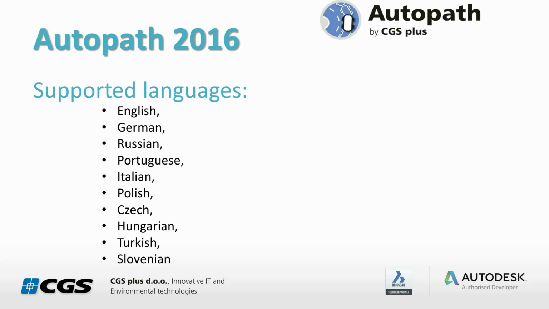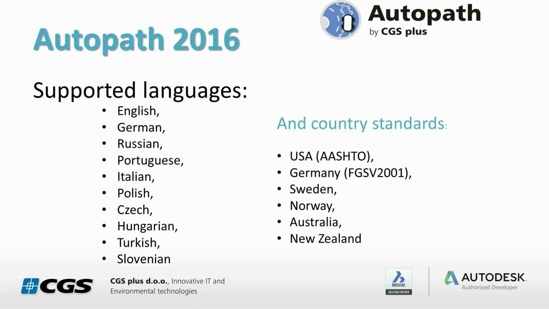It supports English, German, Russian, Portuguese, Italian, Polish, Czech, Hungarian, Turkish, Slovenian, and also supports many different country standards like ASTO, Germany, Sweden, Swedish standard, Norwegian, Australian, and New Zealand standard.